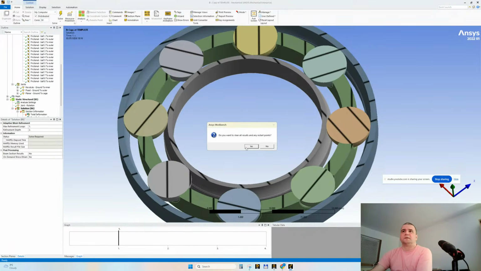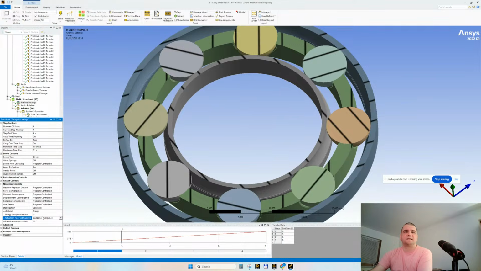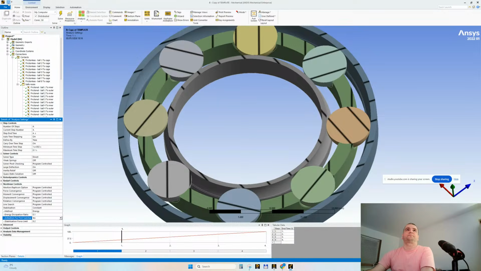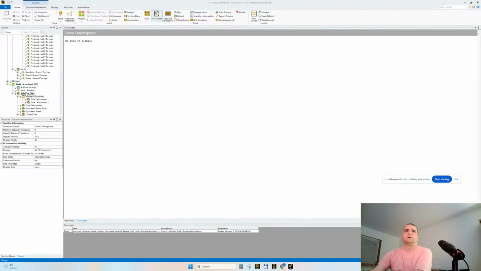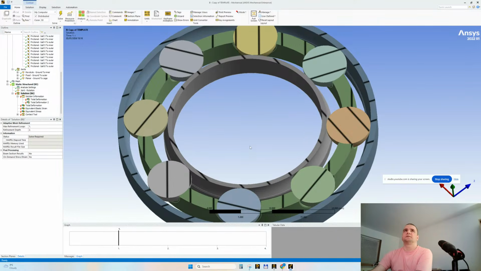Clear generated data. Yes, let's activate for the first sub-step. Yes. It should work. Come on, it will work. Clear generated data. Yes. Solve.